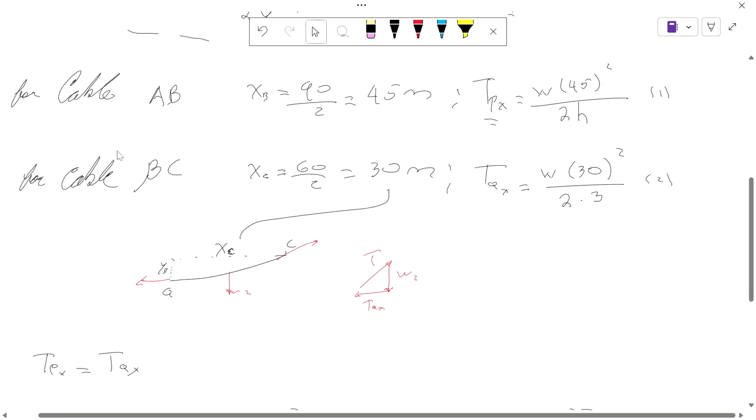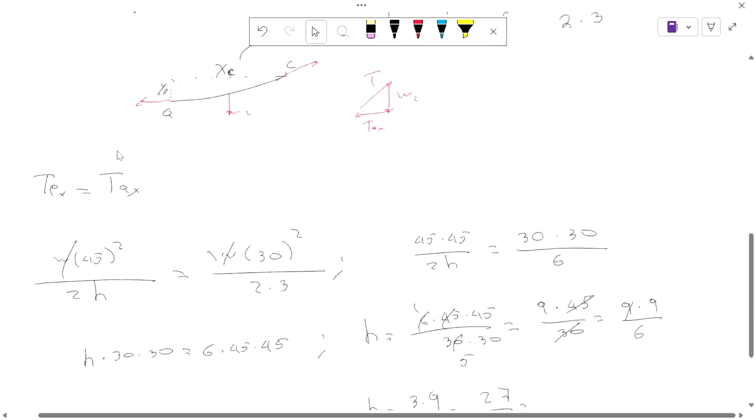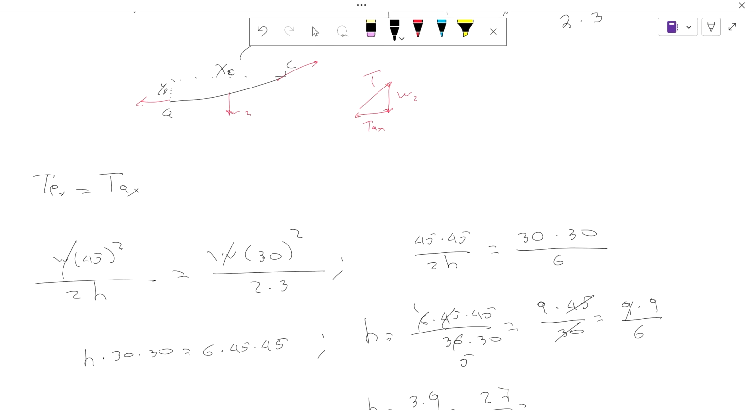Let me see my equation here. My equation tells me that W times 45 squared divided by 2H is equal to W 30 squared 2 times 3. This is 6. So 30 times 30 times H, yep, 45 times 45 times 6.